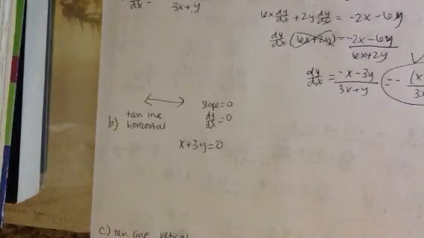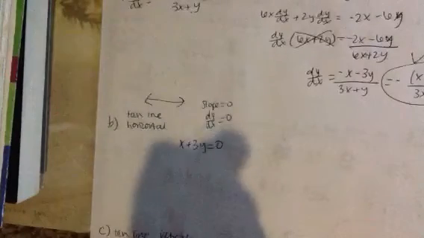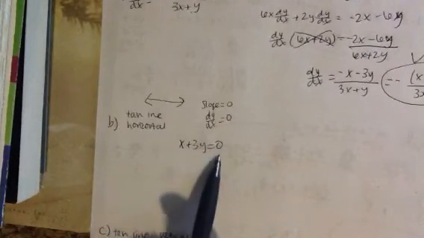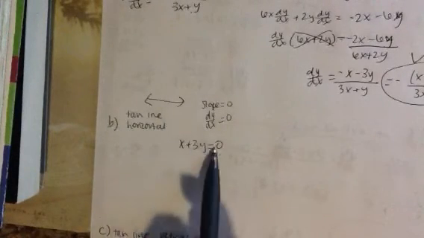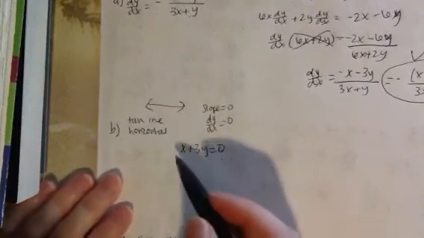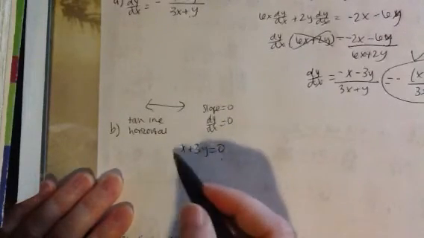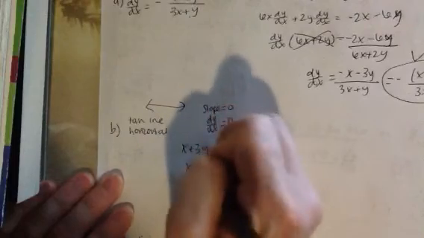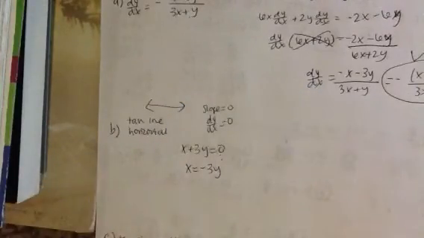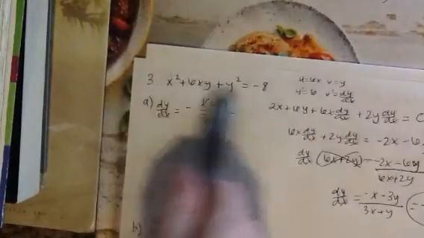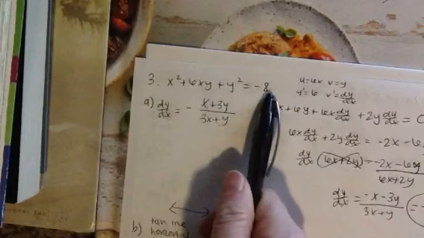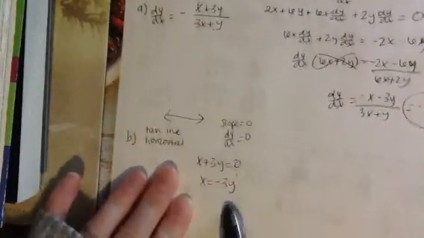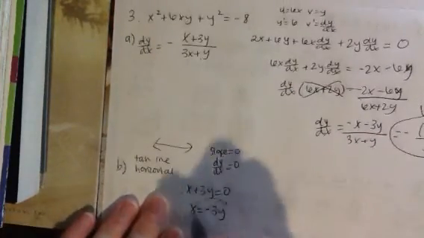Now, I want to actually get a coordinate. So I want to know at what x value and at what y value is the slope 0. Right now, I only have one equation, so I can't get both x and y, right? Two variables, one equation, that won't work. But I can rearrange to get x by itself. And then I also have the original equation. So see how this is like my second equation that I can substitute into to solve for the x and y values.